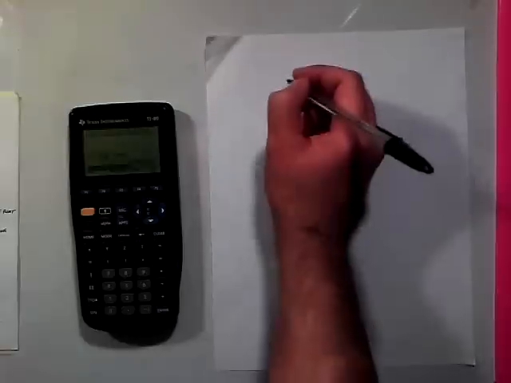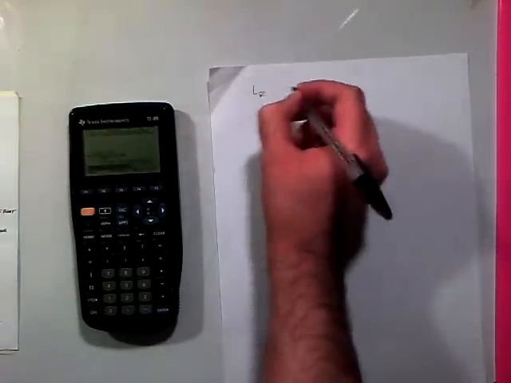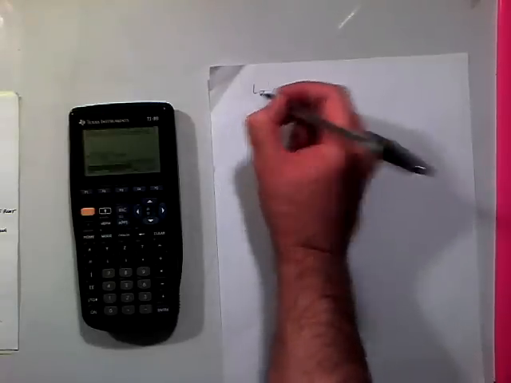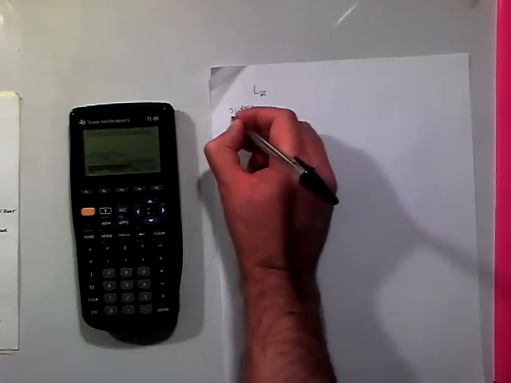So we have LR, actually, and that's our superelevation runoff length.